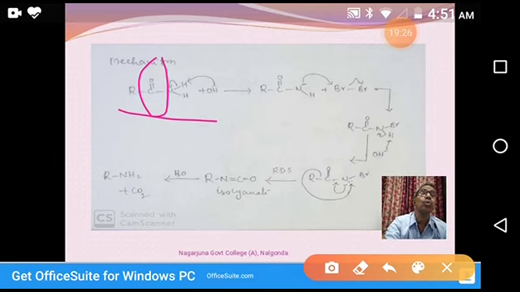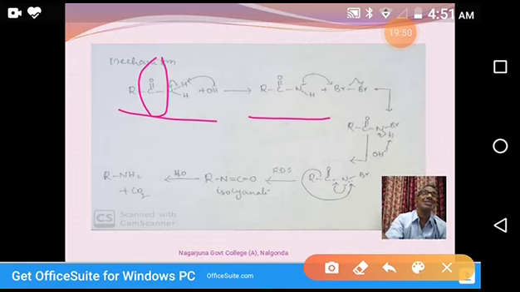There are 2 acidic hydrogens. One of the hydrogens is lost as H plus to the base, hydroxide ion. After losing the proton, we get this anion. It is stabilized by resonance, as the negative charge is in conjugation with the carbonyl group.